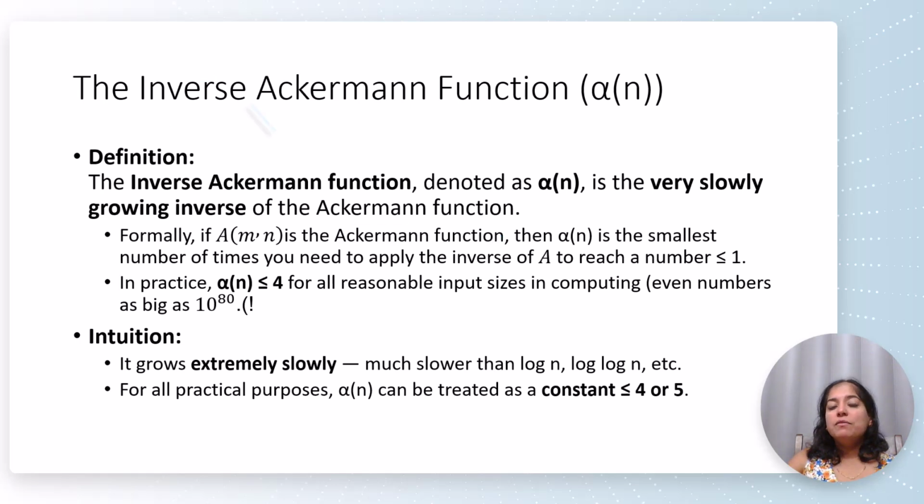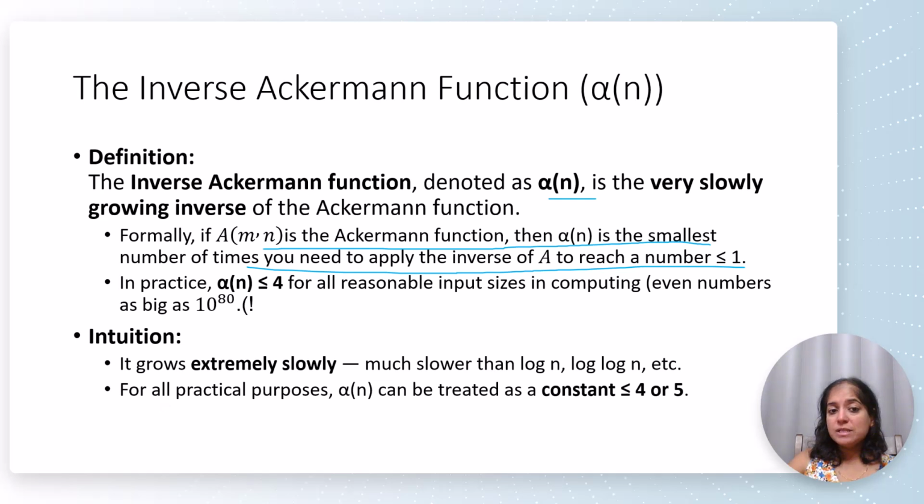The inverse Ackermann function is also used. It is denoted as alpha n, and it is a very slowly growing function, the inverse of the Ackermann function. If A(m,n) is the Ackermann function, then alpha n is the smallest number of times you need to apply the inverse to reach a number less than or equal to 1.